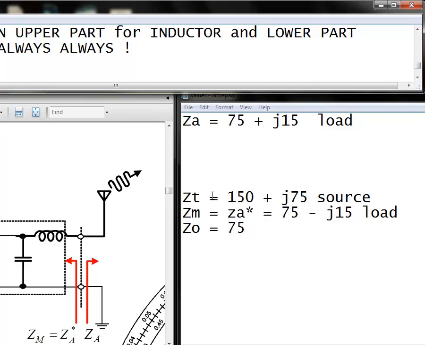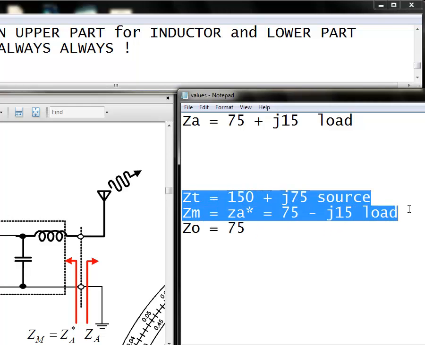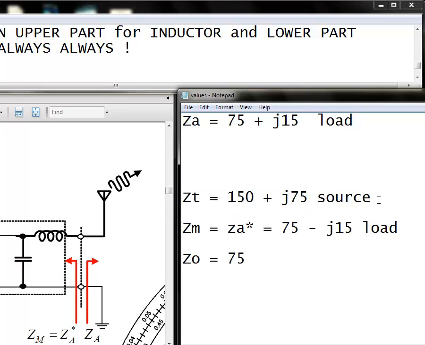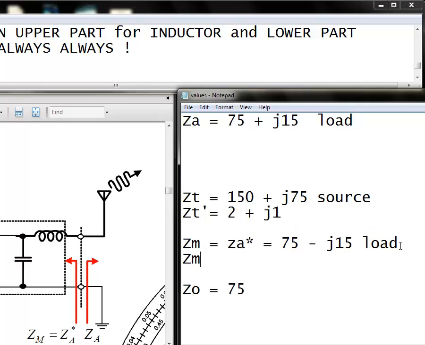Before moving on to the Smith chart, we should normalize these two load and source impedances. Now let's write down the normalized form. ZT.